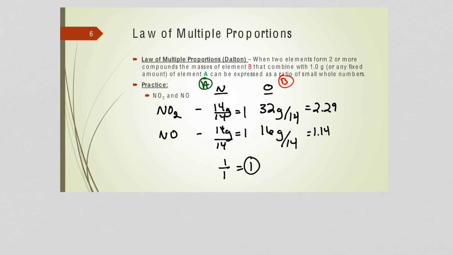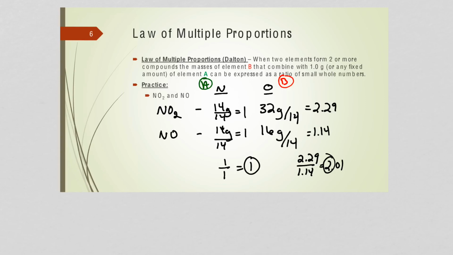And the ratio of the masses of B is 2.29 divided by 1.14, which is 2.01. To one significant figure, though, we have 2.